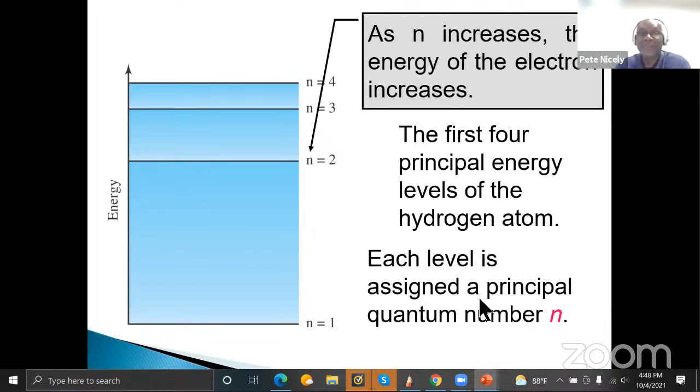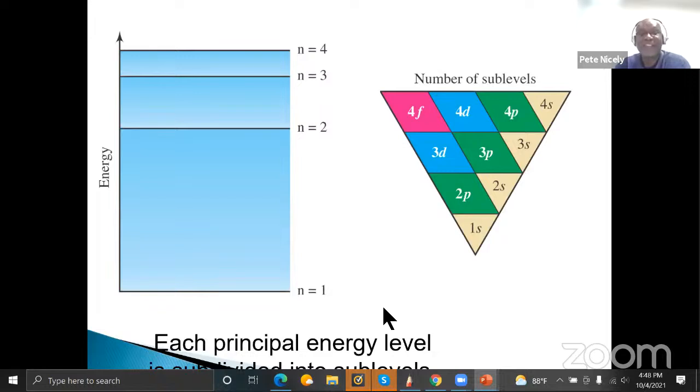All right? Okay, so within these energy levels, what you'll find is that you have further subdivisions, which are known as sublevels, right? And this is all as a result of the work that was done by Schrodinger when he came up with his model. Now, when it comes to the n equal 1 energy level, there's only one sublevel, and that's called the 1s sublevel, all right? In the case of the n equal 2 energy level, there are two sublevels.